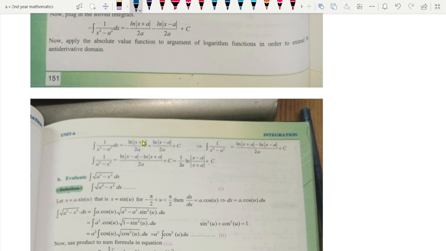By solving, this is equal to this. You know that log of m minus log of n is equal to log of m divided by n. So the integral of this is equal to this.